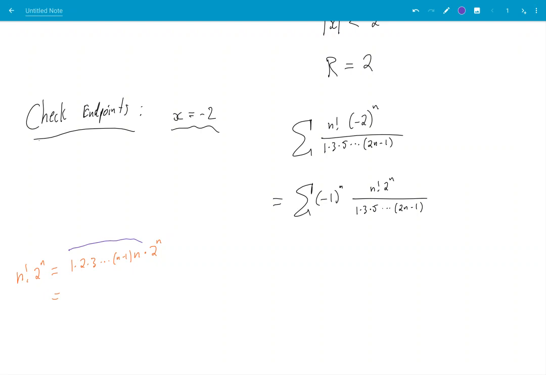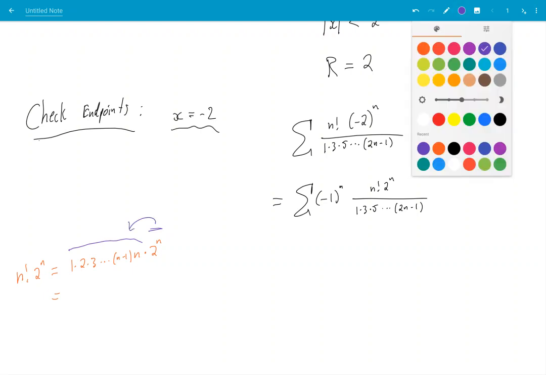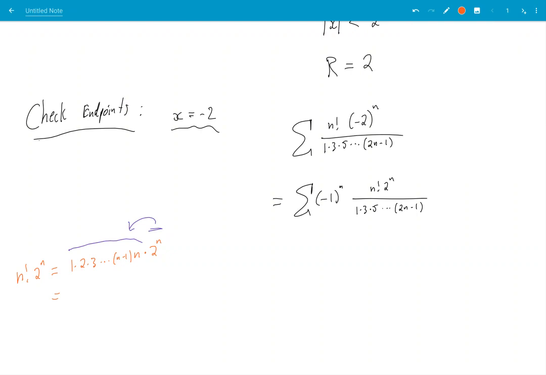What I'm going to do is take these 2's here and put one of them with each of those n factors there. So I take this one times 2 and I get 2. And I take this one times 2, I get 4. And I get times 6 times 2n minus 2 and then 2n.